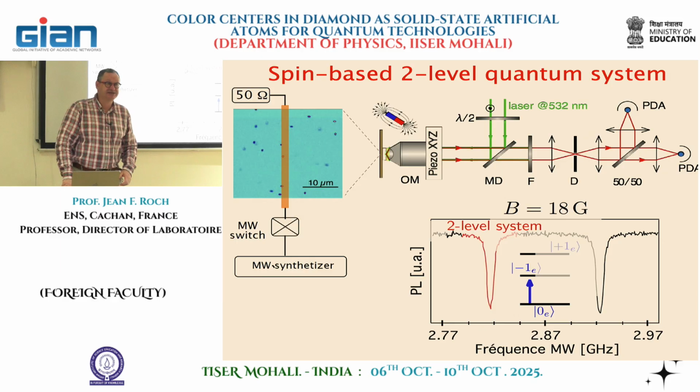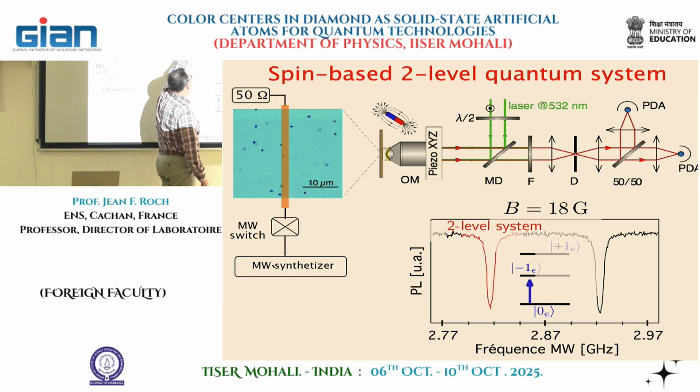And the NV center is detected as previously. A green laser is focused to excite the NV centers. Then we raster scan the sample to find the NV centers dispersed in the diamond. The light emitted by the NV centers is collected by the same microscope objective.